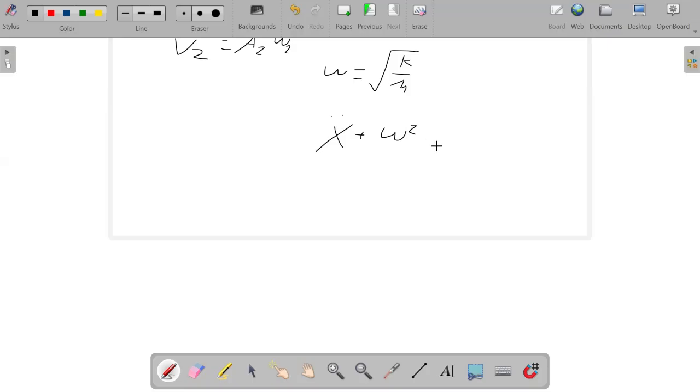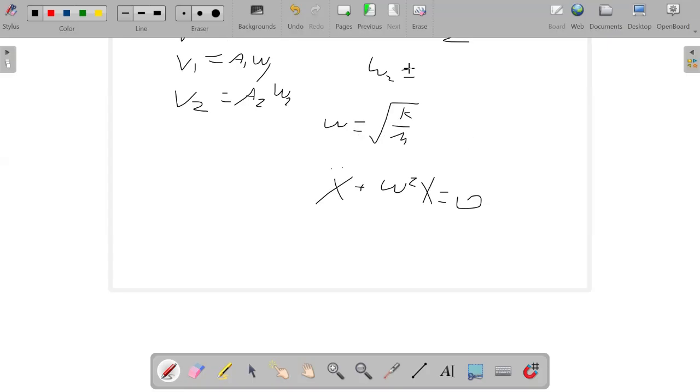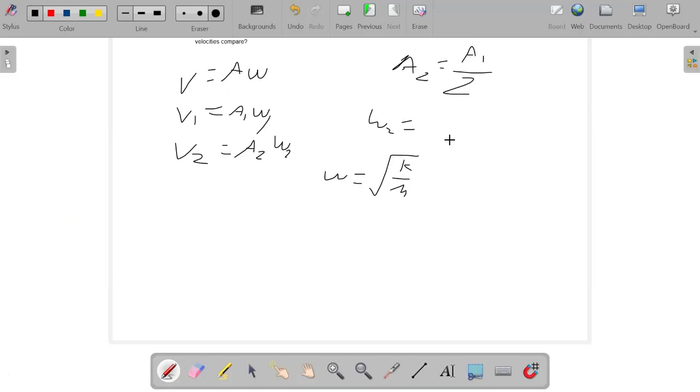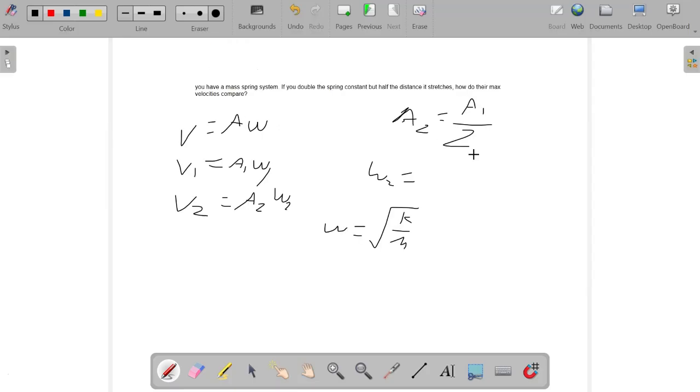You should probably be pretty familiar with this if you watched my videos. Anyways, you should be familiar with this equation by now. Square root k over m.